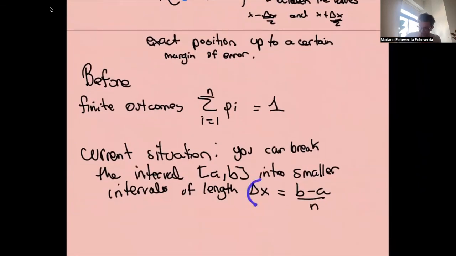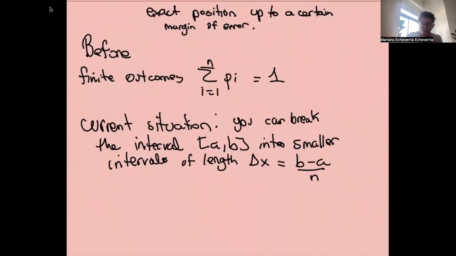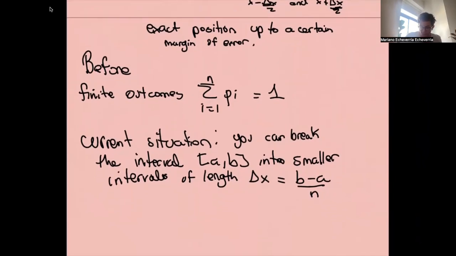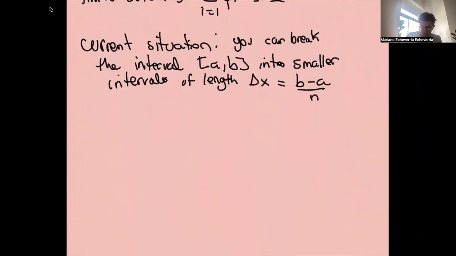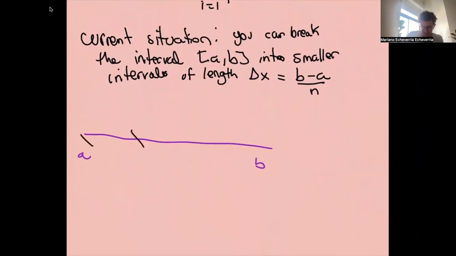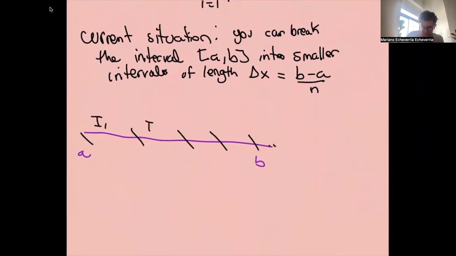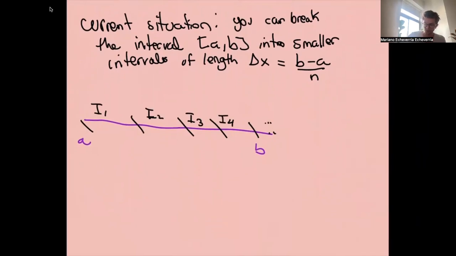So you just make delta x be (b minus a) over n, right? The analog of this would be, let me do a small illustration, once you have broken the longer interval into a first interval, a second interval, a third interval, a fourth interval, and so on.